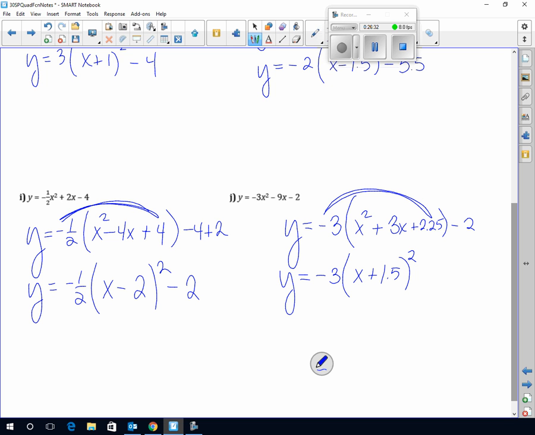Add 6.75. And what do we get when we combine those? Plus 4.75. What do you think? Why am I adding 6.75, minus times a plus? I actually subtracted 6.75. So I have to add it to compensate, right?